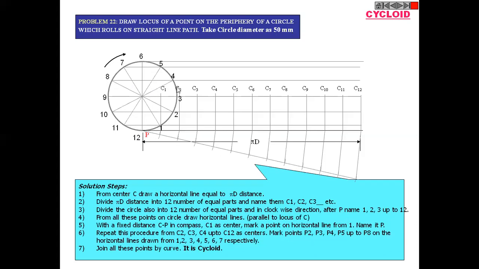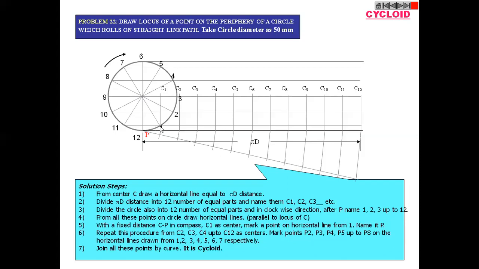The total degree of the circle is 360, so moving the center by one division is equivalent to 30 degrees. Whenever the center shifts from C0 to C1, the point P will move from this position to this position.